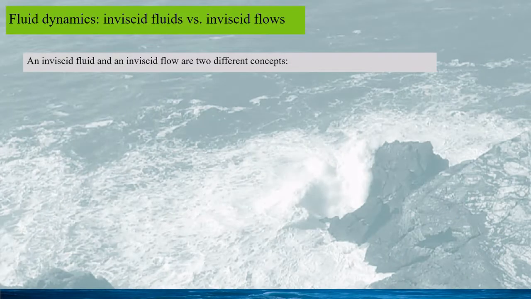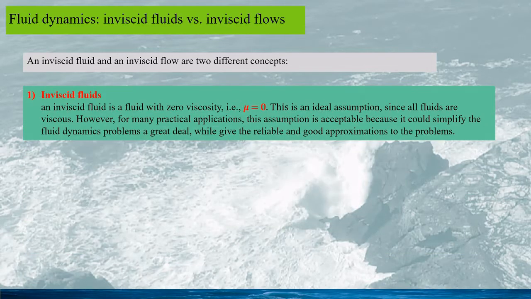In this slide, I would like to clarify the concept of inviscid fluid and inviscid flow. And the clarification of these 2 concepts is very important for irrotational flows. An inviscid fluid is a fluid with 0 viscosity, that is, mu equals 0.